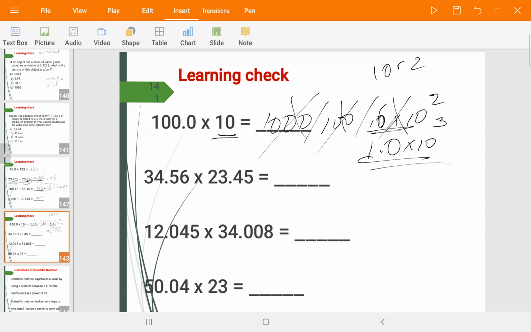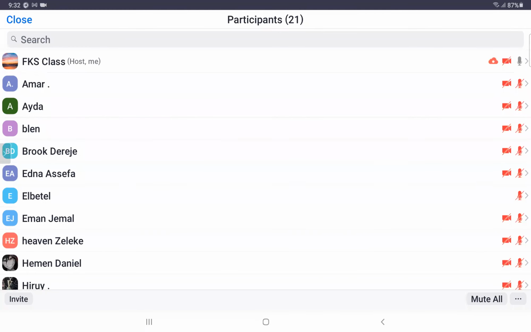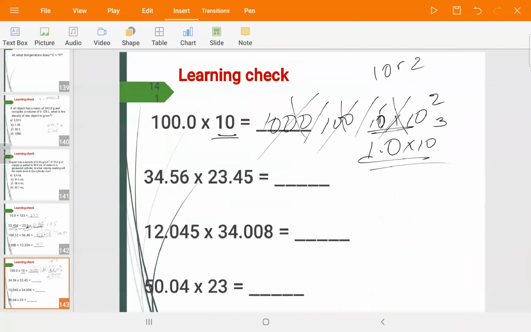Try the others if you have them. Is it clear? Why this is not the answer and why this is? The upper one is ambiguous because it can have either one or two significant figures. Then our answer should contain what?